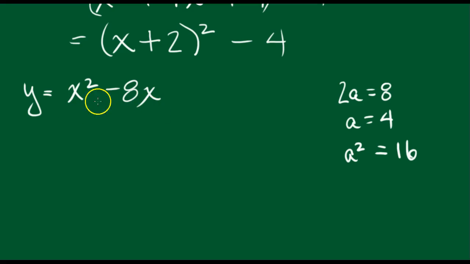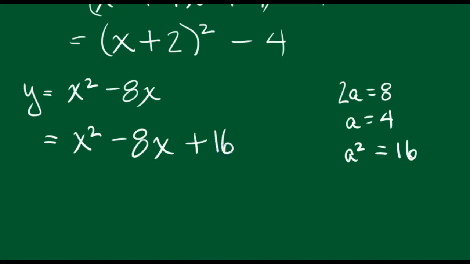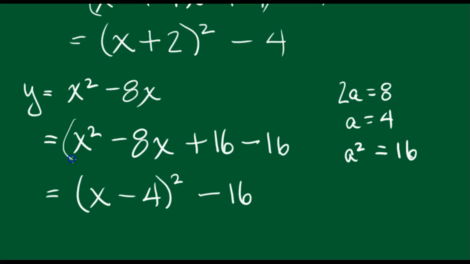So to make this part into a perfect square, I need to add 16, but in order not to change the equation, I also need to subtract 16. So now I have a perfect square, x minus 4 squared on the left, minus 16. And life is good.